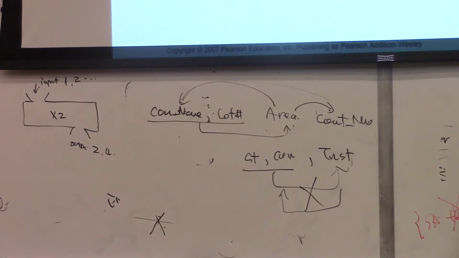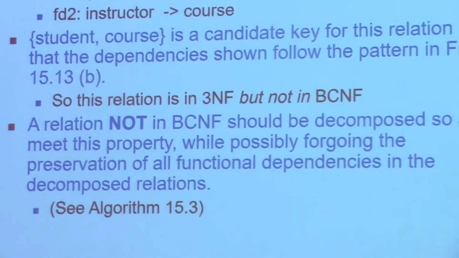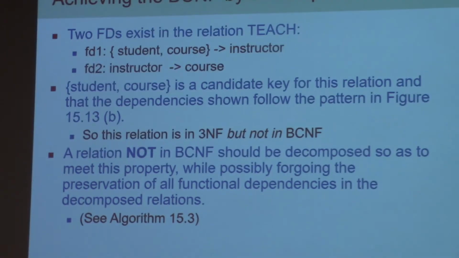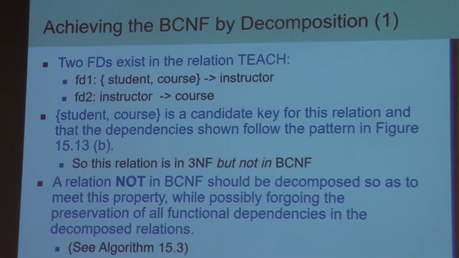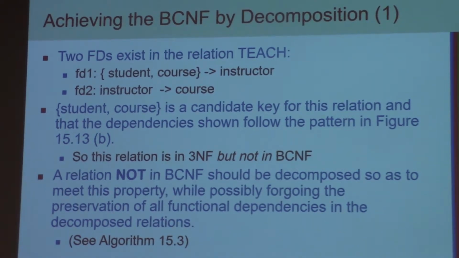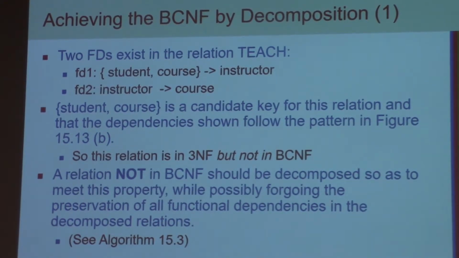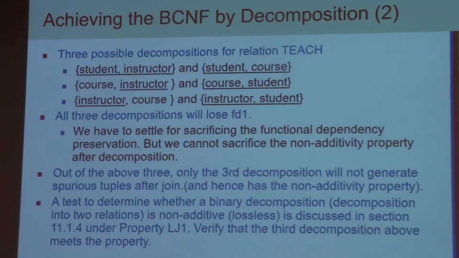Separate. However, when we segment this one, there are different options. For example, this is one of the options: student course determines instructor, and the instructor determines course. However, we can consider the other way. For example, the top one, student instructor and student course can be possible if you focus on the student.